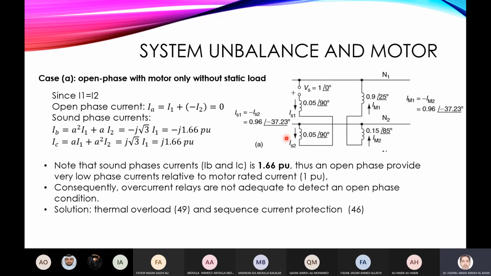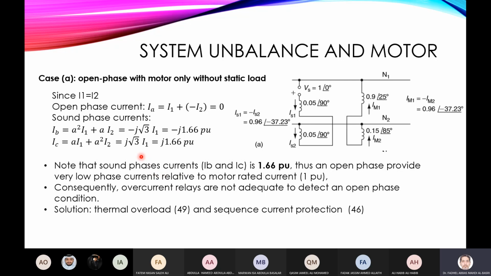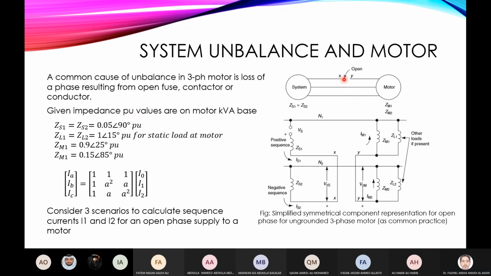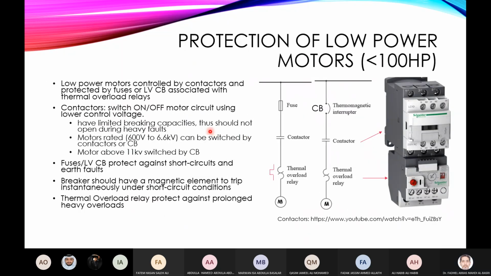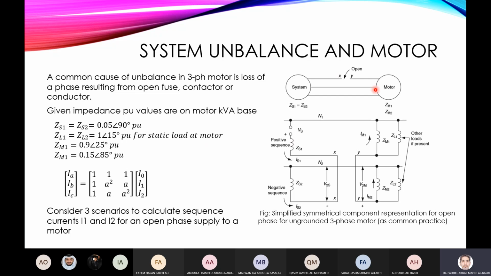When I substitute those values in here, zero sequence is 0, positive and negative for the motor, we will get that phase A is 0 because it is open, and phase B is 1.66 per unit, and phase C is 1.66 per unit. So there'll be a current increase in the other healthy phases due to an open phase.